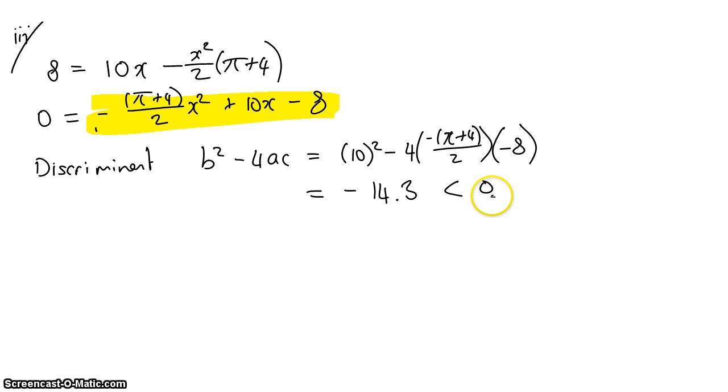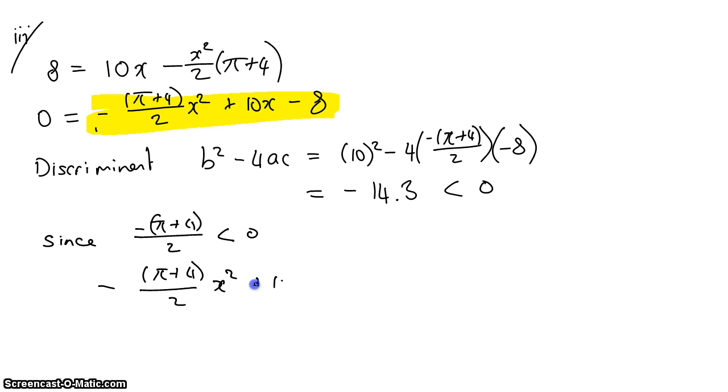Right. So the discriminant is less than 0. Since our coefficient, minus (pi plus 4) over 2, is less than 0, we can say minus (pi plus 4) over 2 times x squared plus 10x minus 8 must always be less than 0 for all real x.